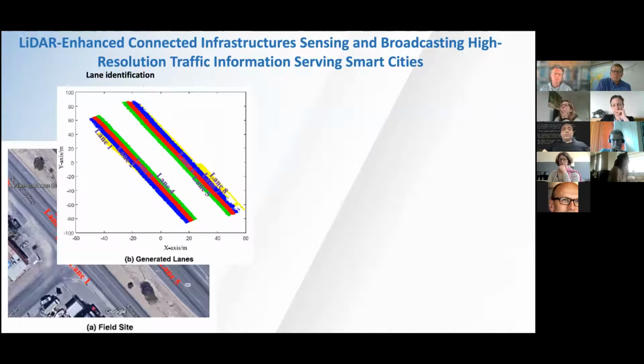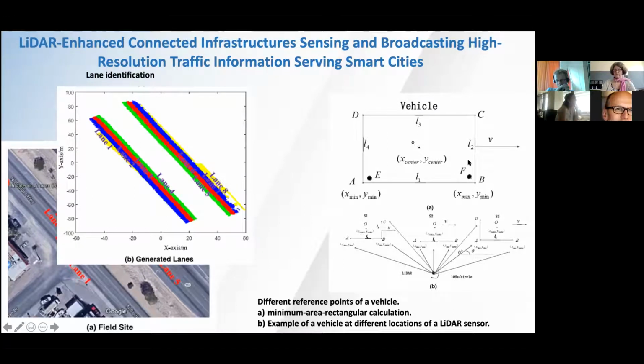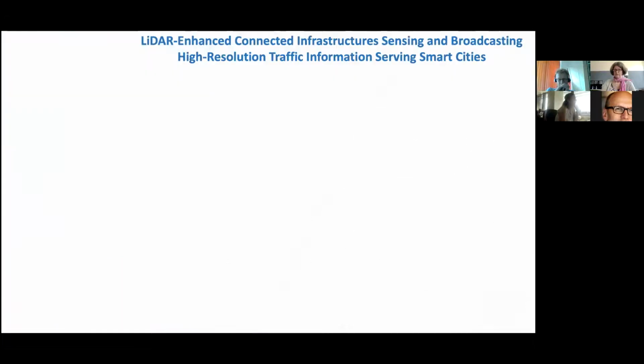This LiDAR technology can even detect objects in different lanes in the streets. And usually for this, there is a kind of minimum area rectangular circulation. That is the way to identify objects like vehicles, but I don't want to discuss the details behind it.